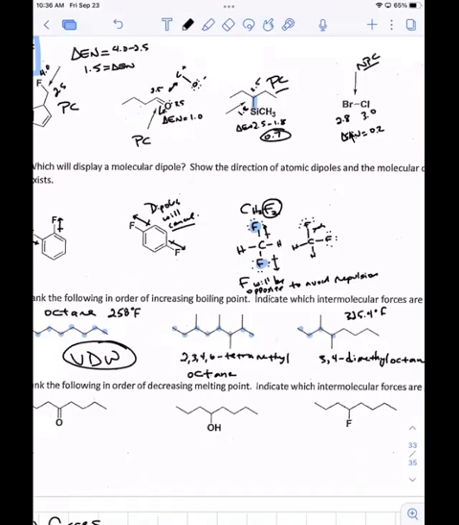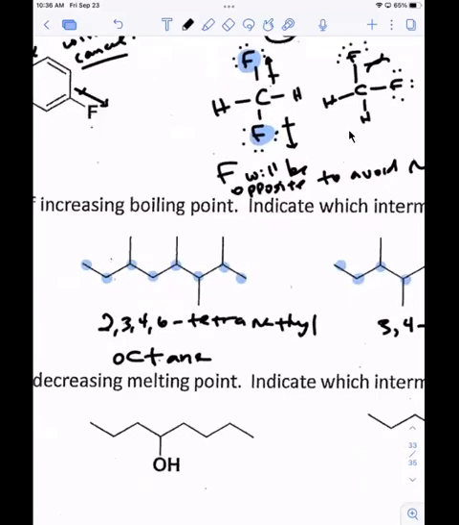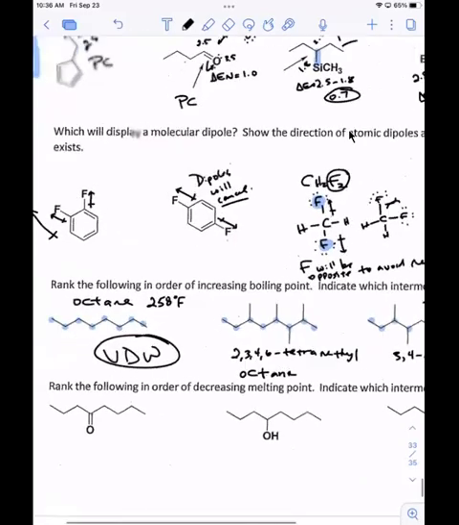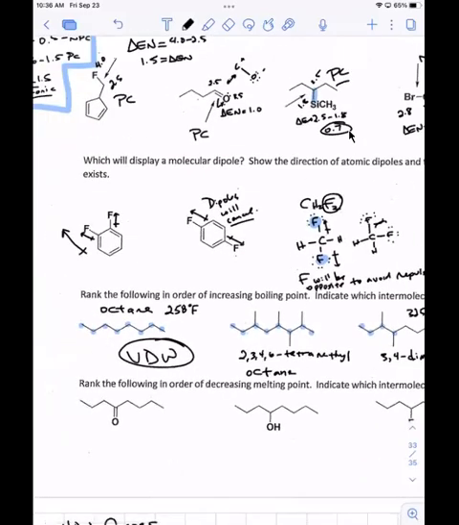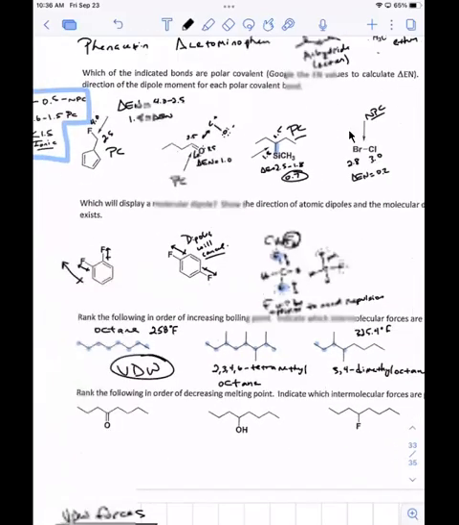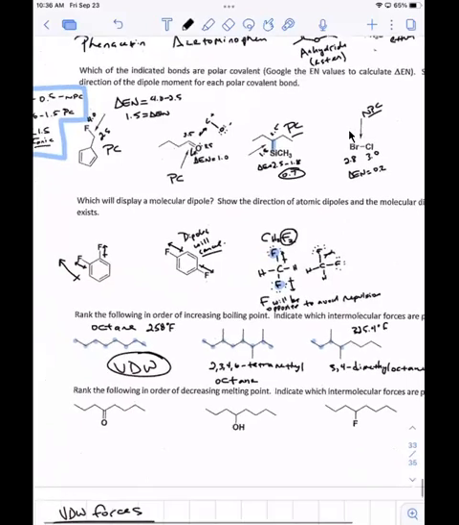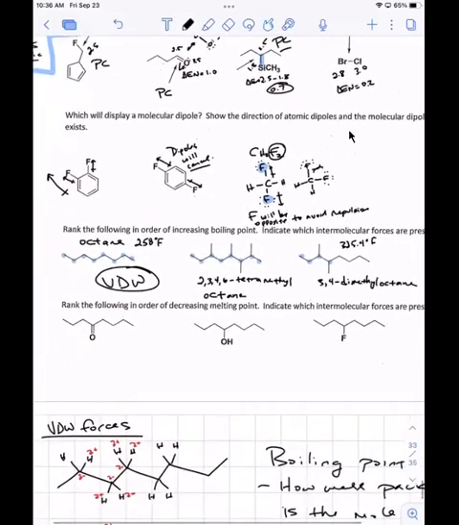This may not exist. Let's try something else. Well, actually, let's compare these two. So let's look at the first two, octane and 3,4-dimethyl octane. Octane boils at 258, and 3,4-dimethyl octane boils at 325, right?